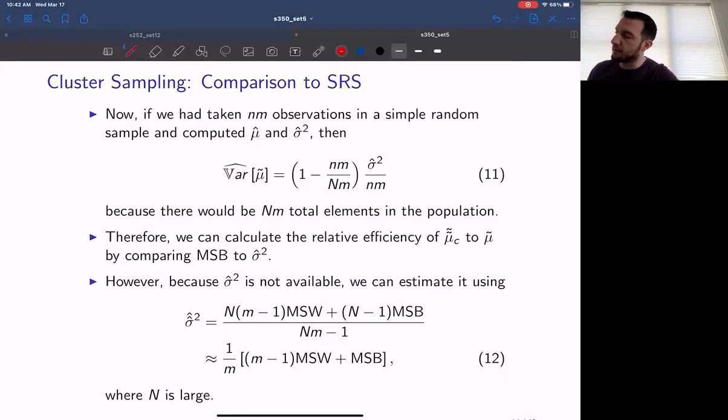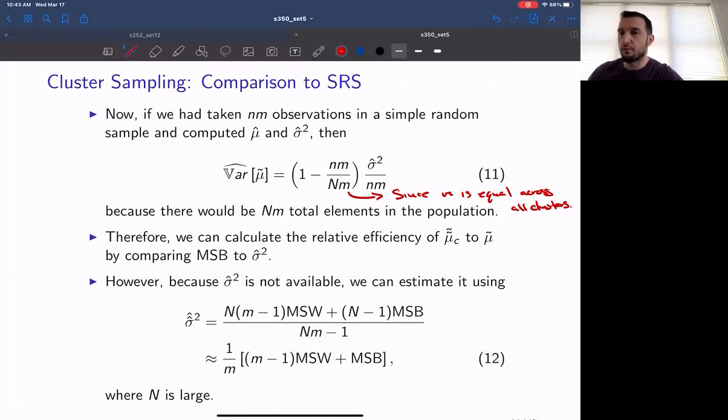So then we would have capital N times m total elements in the population. And the reason we can say this is because we are assuming that m is equal across all clusters, right?